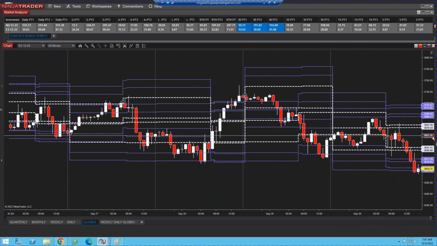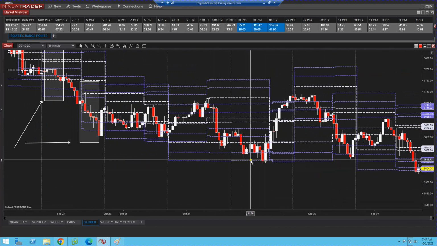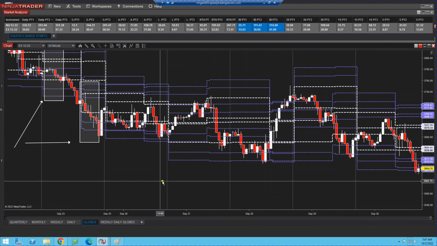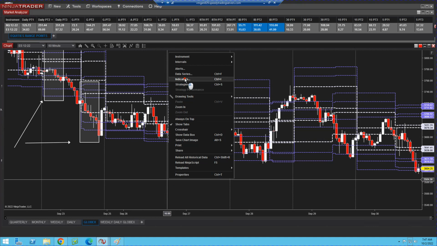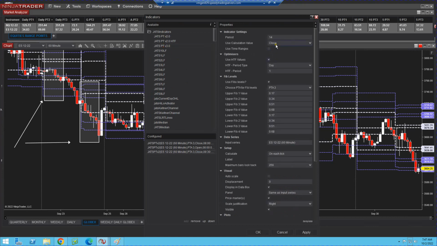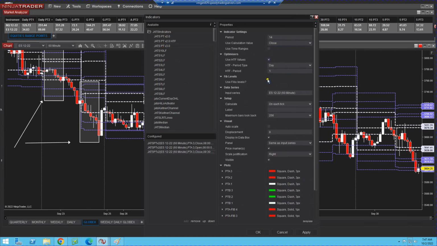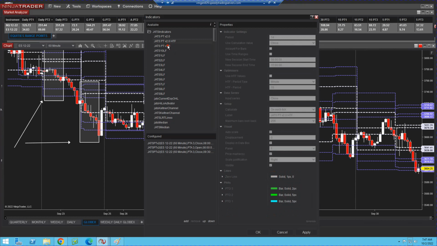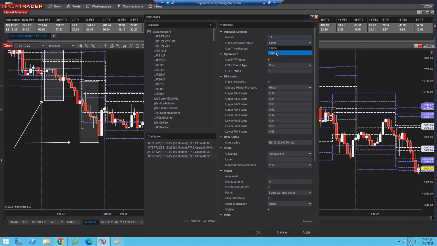The Globex is a great, fantastic bellwether for the end of the range, and especially when you put the daily on top of it. That daily Globex, put a close and an open.